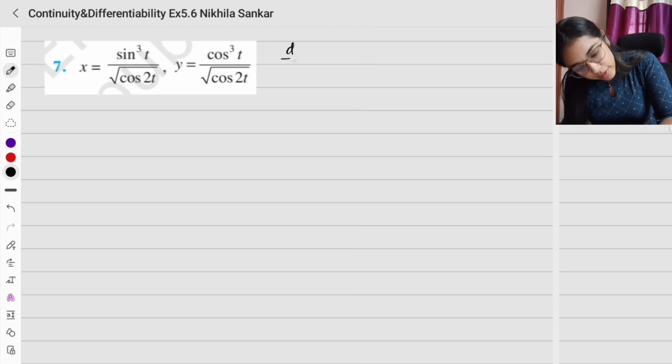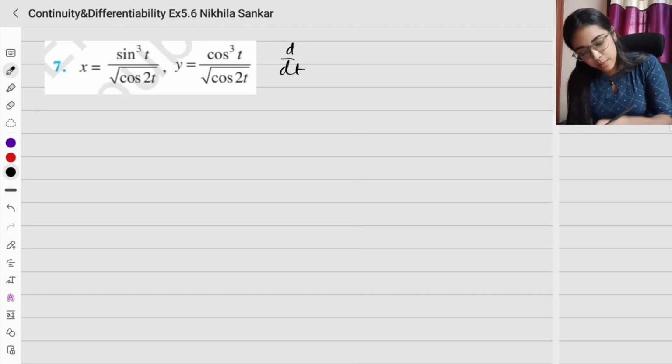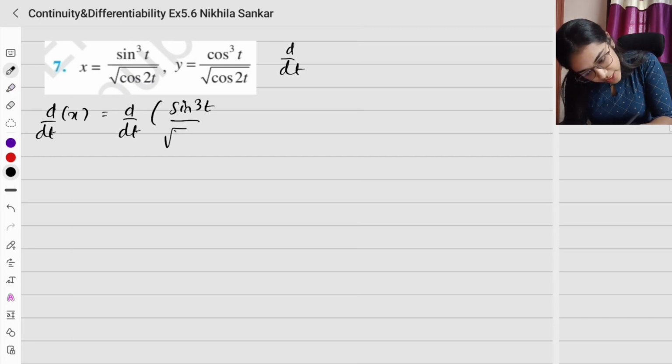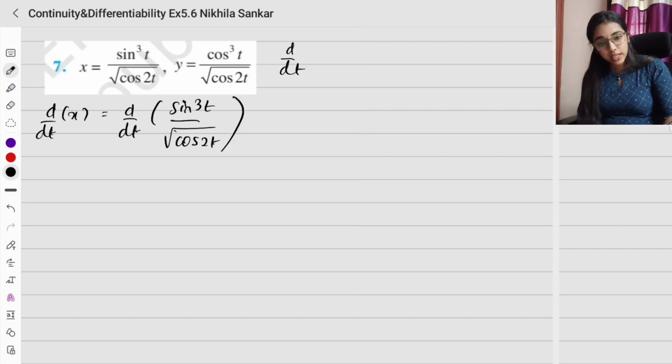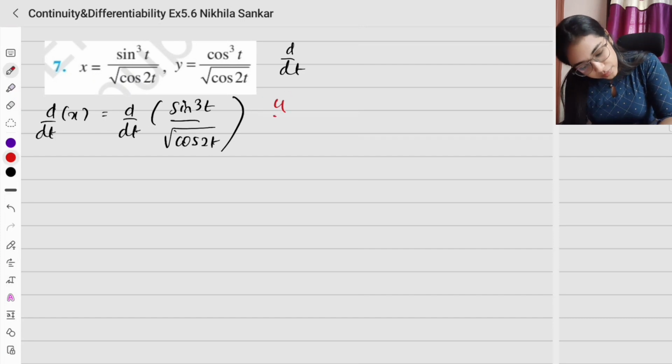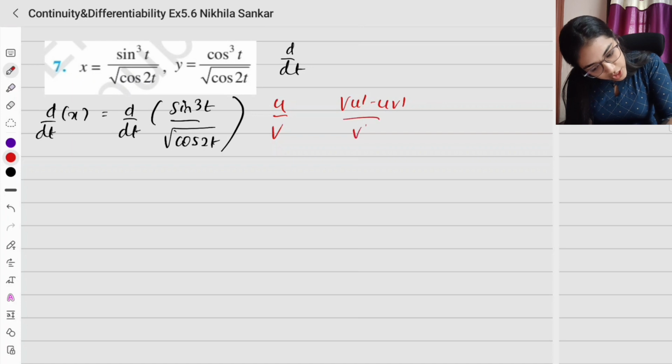Here the variable of differentiation is going to be t. So let's step through it. I need d by dt of x, which is d by dt of sin cube t divided by the square root of cos 2t. So this is of the form u divided by v. What is the formula? vu dash minus uv dash divided by v square.